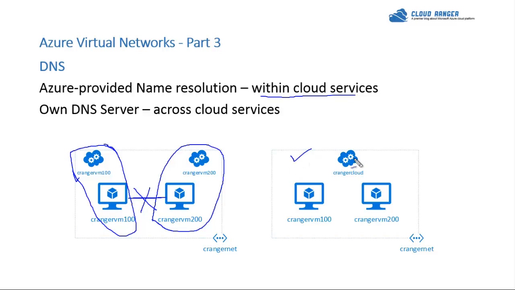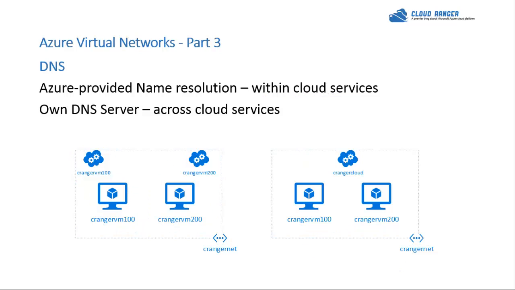So this would be the scenario: there's one cloud service and there are two virtual machines in there, meaning these two hosts will be able to use the Azure provided name resolution to look each other up. There must be very good reasons for doing that, but that's by design. In our demonstration, we will create these two scenarios and see whether the name resolution is possible or not.